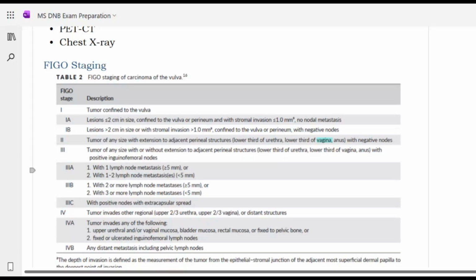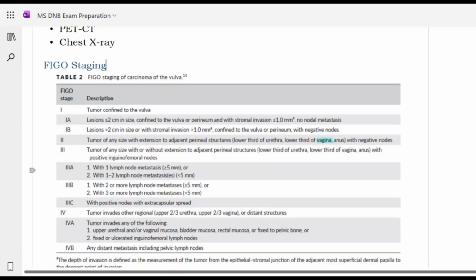First, when the carcinoma is restricted to the vulva. Second, when it spreads to the adjacent structures but is restricted to the lower 1/3 of the perineal structures. Now, when we are talking about the lower 1/3, here lymph nodes are not involved. Once we say the lymph nodes are involved, that means we are talking about stage 3. In stage 2, lower 1/3, we are talking about the perineal structures.